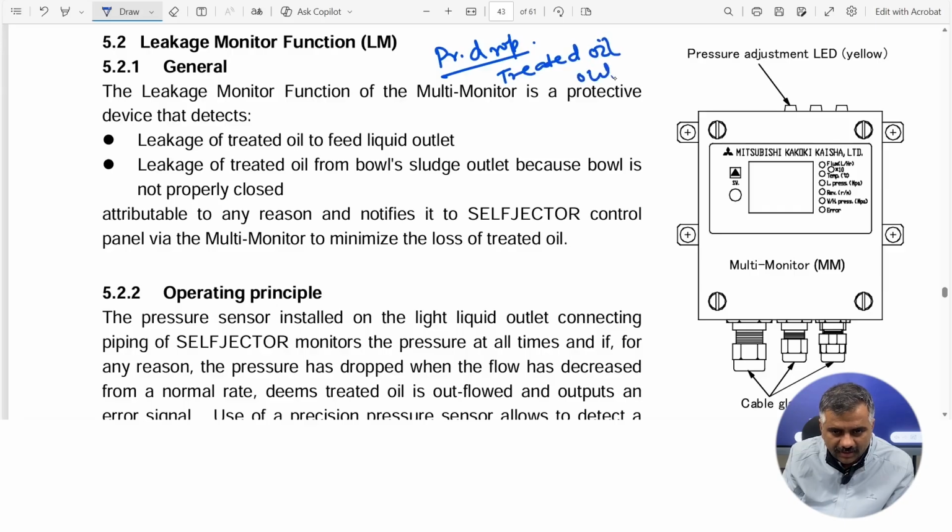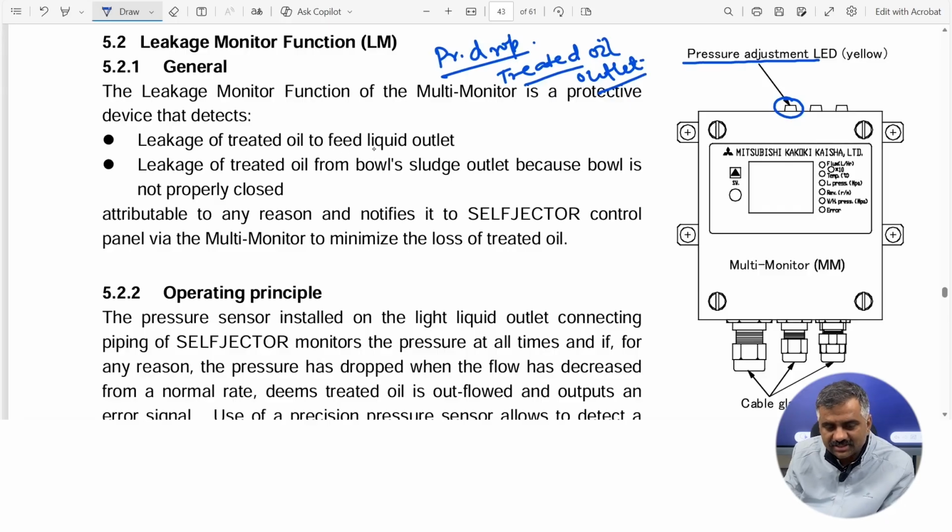So basically the back pressure indication, which is your yellow LED that flashes and becomes steady, is indicating the leakage monitor or indicative of the pressure drop in the line.